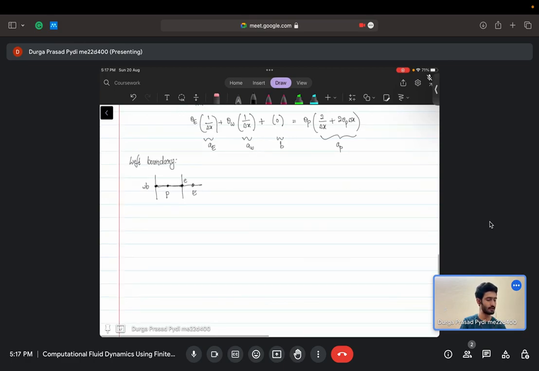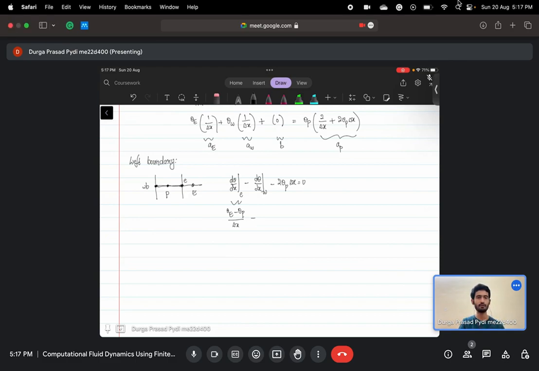If you try to discretize on this particular domain, the equation still remains the same: d theta dx calculated on the east face minus d theta dx calculated on the west face minus 2 times theta p delta x equals 0. Now on the east face the flux still remains the same, theta e minus theta p by delta x, minus on the west face. We don't have a point towards the west at the cell centroid, so we will take the value on the boundary itself.